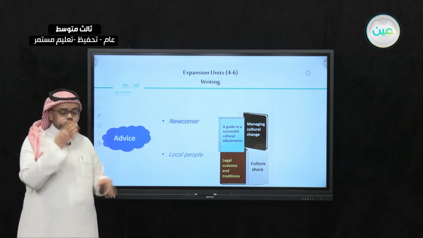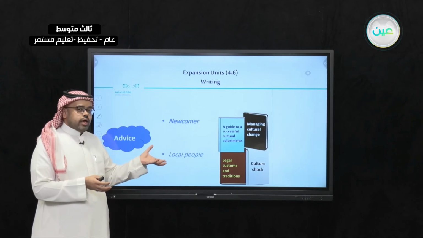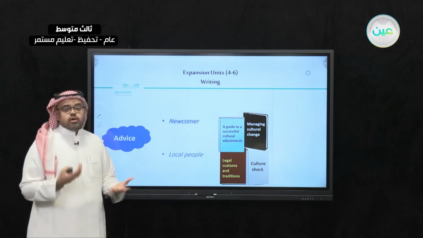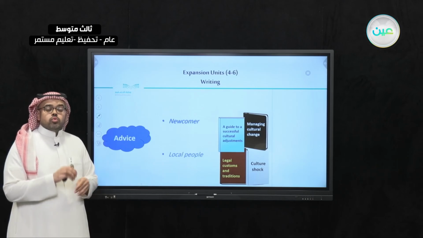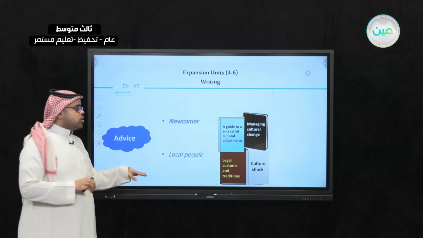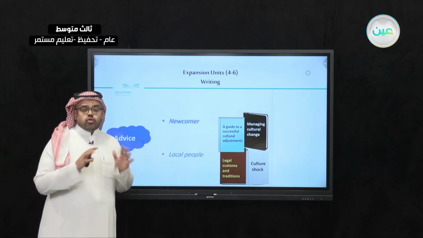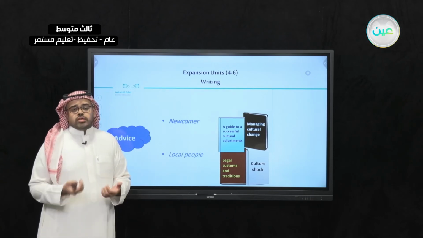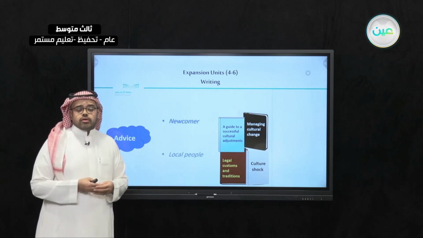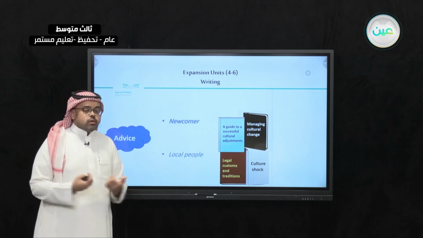Out of these four books, or after brainstorming some ideas from them, we need to write advice to a newcomer, a person who is visiting a place for the first time, on how to adjust and adapt, with some instructions based on our opinion and our experiences.